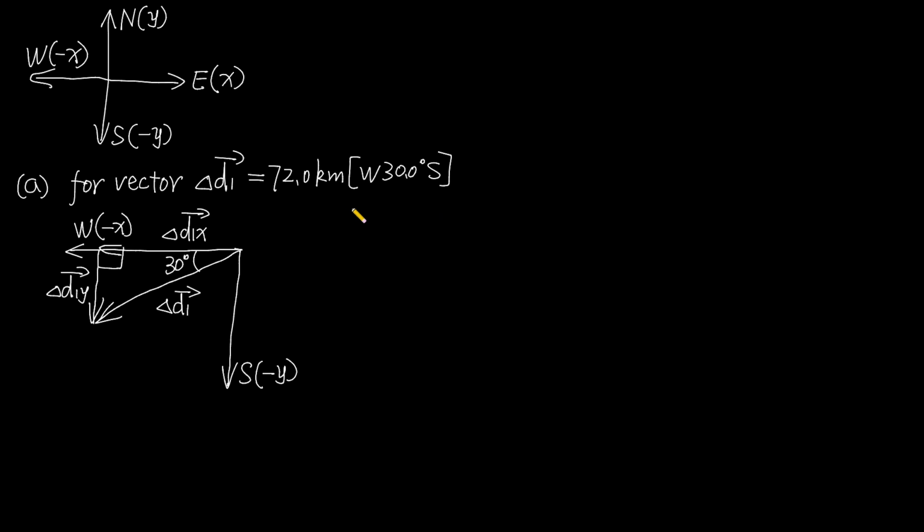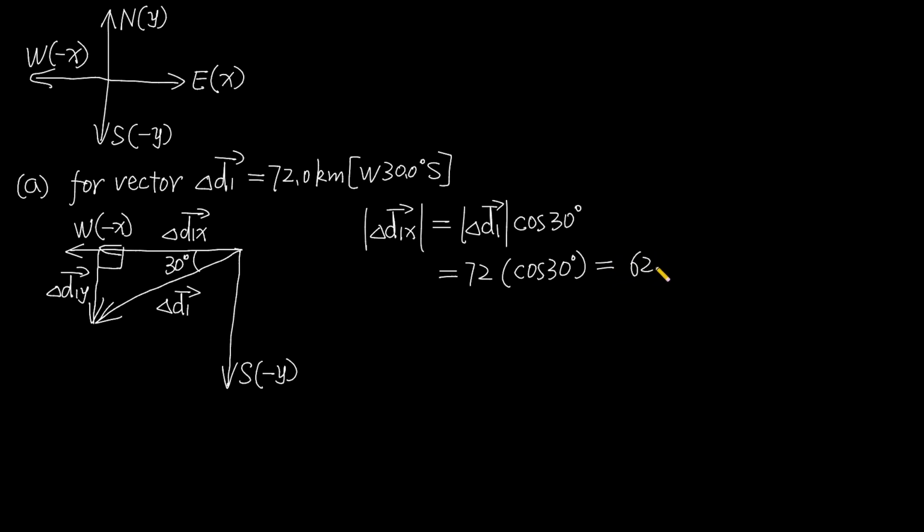So from the graph, we can know that the magnitude of delta D1x equals the magnitude of the vector delta D1 multiply cosine 30 degrees, and this equals 72 kilometers multiply cosine 30 degrees, and this equals 62.35 kilometers.